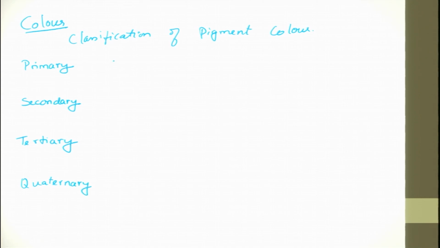So, here what we have is yellow, then we have red, we have blue. These are the primary colors. The secondary colors are orange, green and purple.